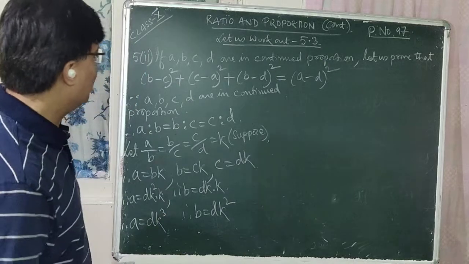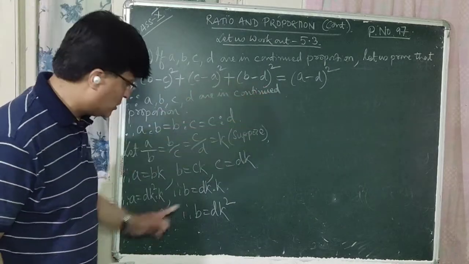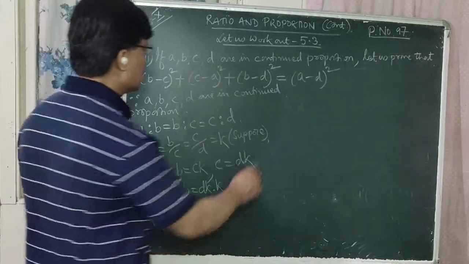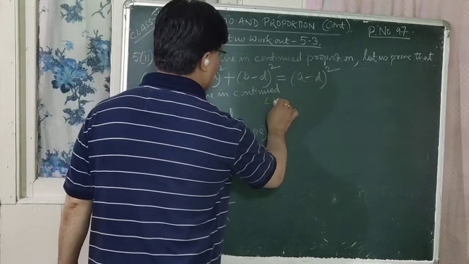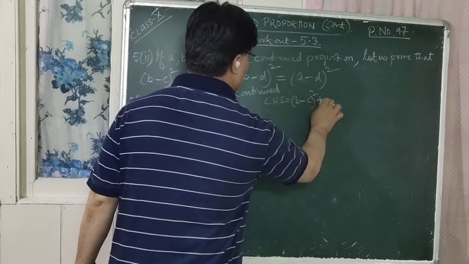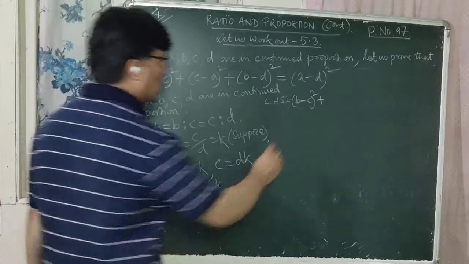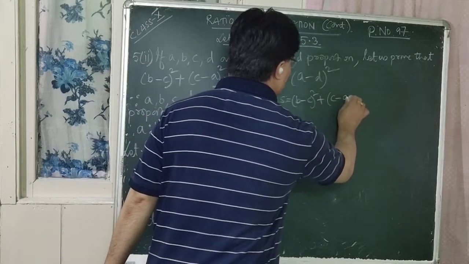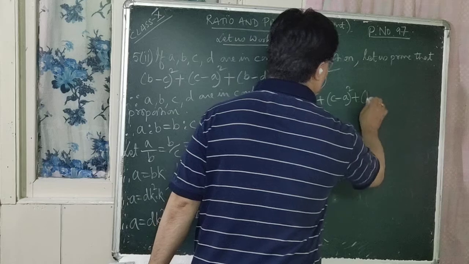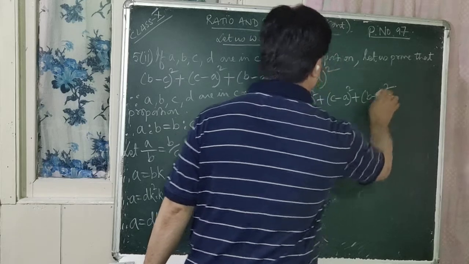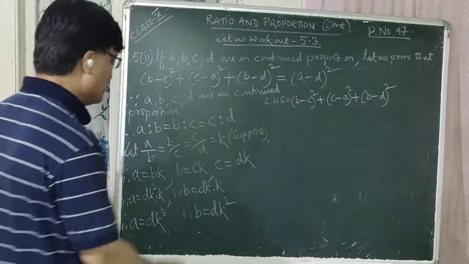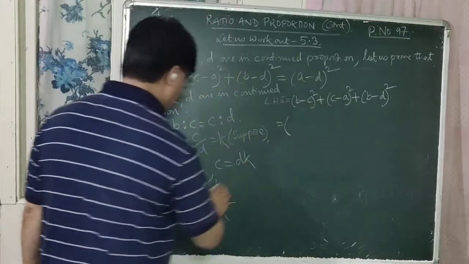Now let us prove LHS is equal to RHS using these values of A, B and C. Okay. So let us write on left hand side. So what is left hand side here? B minus C whole square plus C minus A whole square plus B minus D whole square. That is your left hand side. Okay. So let us put the value for B. What is the value for B here?